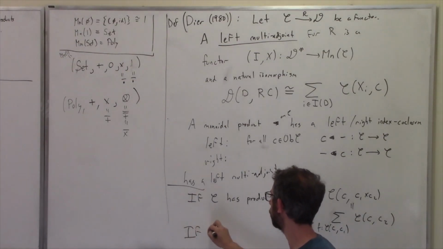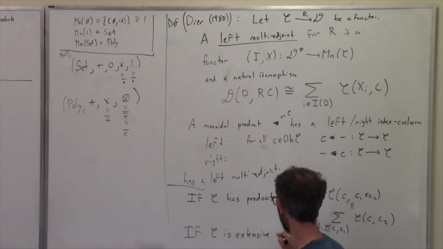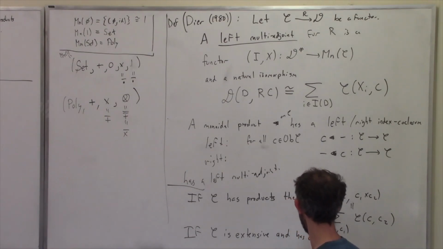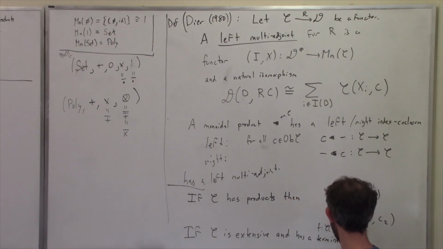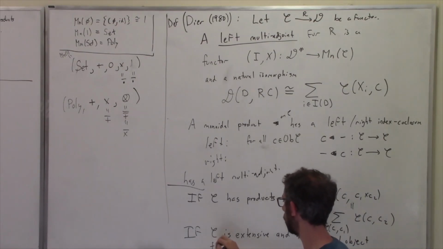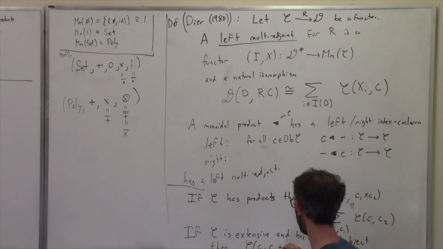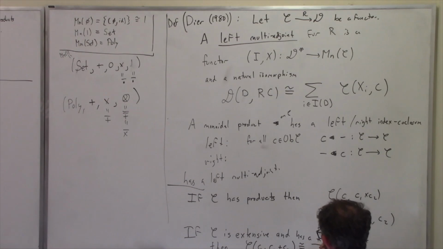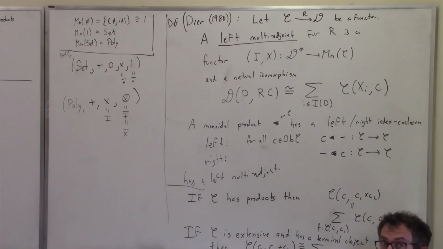If C is extensive, that means it has nice coproducts and has a terminal object, then maps from C to C1 plus C2 are in bijection with the sum over all F's from C to C1 plus 1 of maps from the inverse image of 1 to C2.